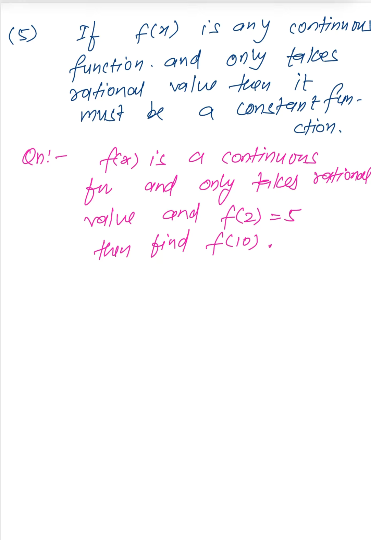Obviously, if a continuous function takes only rational values, it must be a constant function, because between every two rational or irrational values there are infinitely many rational and irrational values. So this is possible only when it is a constant function. So obviously f(10) must be 5.